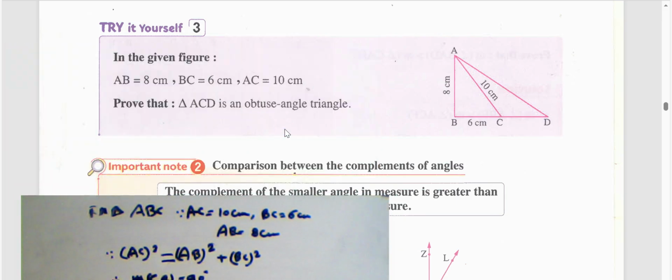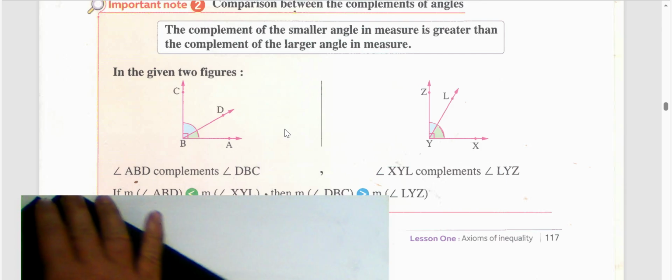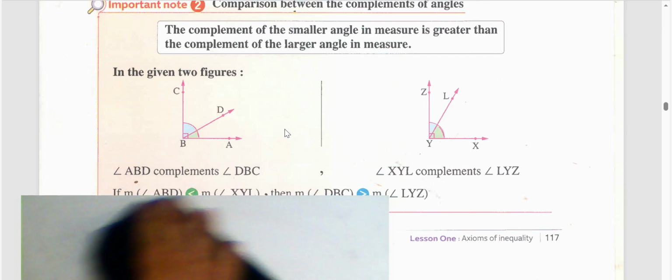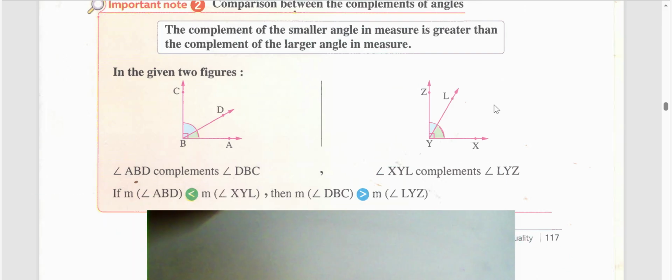Choose this, okay? Question. He asked that the complement of the smaller angle in measure is greater than the complement of the larger angle in measure. Like this. We have here two angles. Look here. The measure of angle Y equals the measure of angle B, and the measure of the green angle here is greater than the green angle. Then the blue angle is less than the blue angle here, because green and blue are complementary angles.